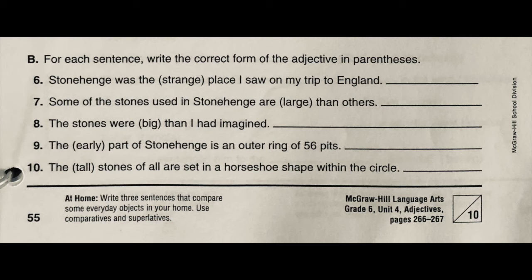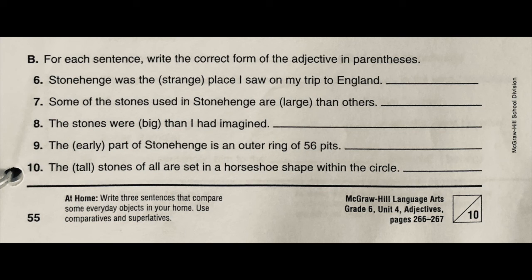Number 6 says, Stonehenge was the strange place I saw on my trip to England. So the first thing you have to think is, what am I comparing? Again, I'm comparing Stonehenge, okay, to the places you saw on your trip to England. Well, if you go on a trip to England, are you just going to see 2 things? No, you're likely going to see a lot more than 2 things.